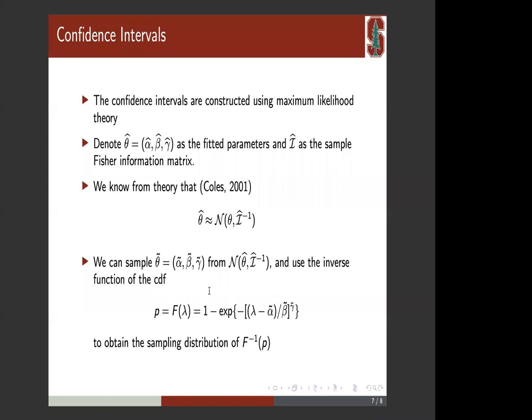So we create the confidence intervals by sampling parameters from the sampling distribution, and then inverting the cumulative distribution function to obtain the sampling distribution of the fitted stretches.